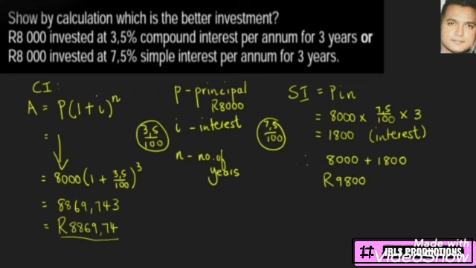Now the question states that show by calculation which is the better investment. Now because it's an investment, we want more value for our money, more money we want, so our answer will be the simple interest. So therefore the simple interest, right, is the better investment.